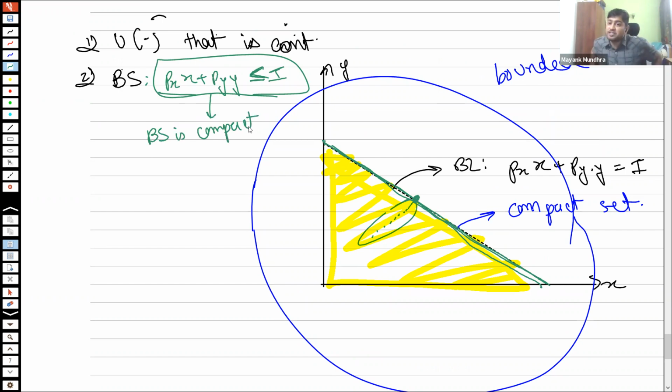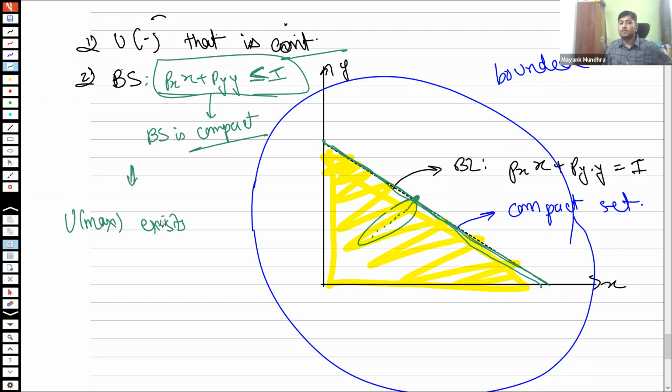The existence of a budget itself supplies the condition of boundedness, and the availability of the option to consume your entire income gives you the property of closedness. So now that you have a closed and bounded budget set, it becomes compact. Now the utility function is continuous and the budget set is compact. So these 1 and 2 imply that the utility maximum exists.